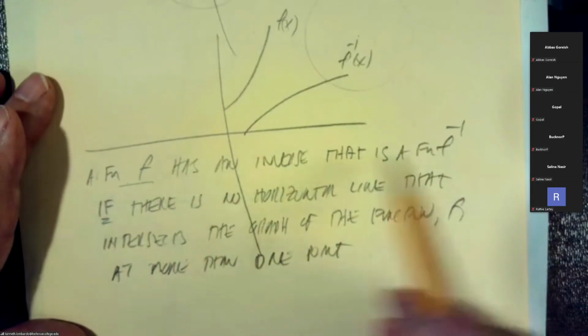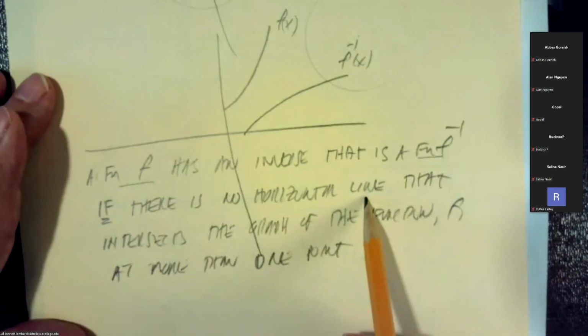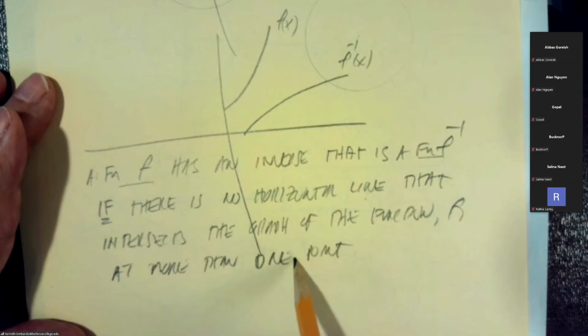So function f has an inverse if there is no horizontal line that intersects the function at more than one point.